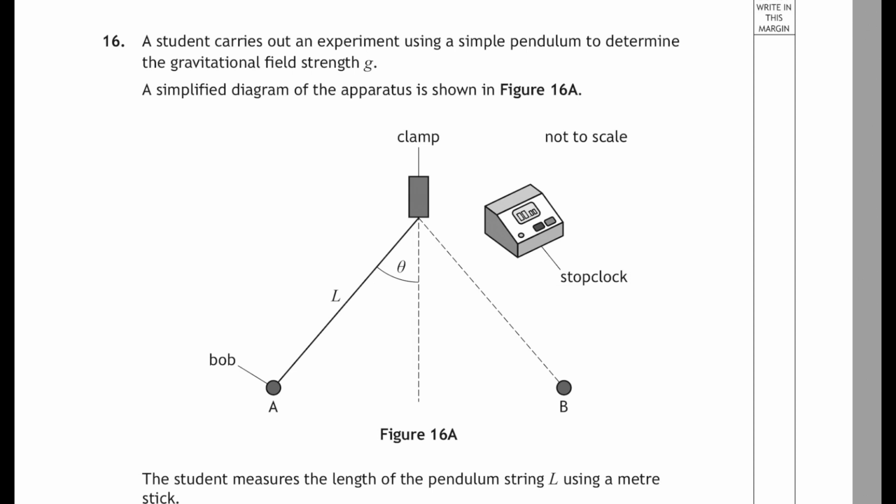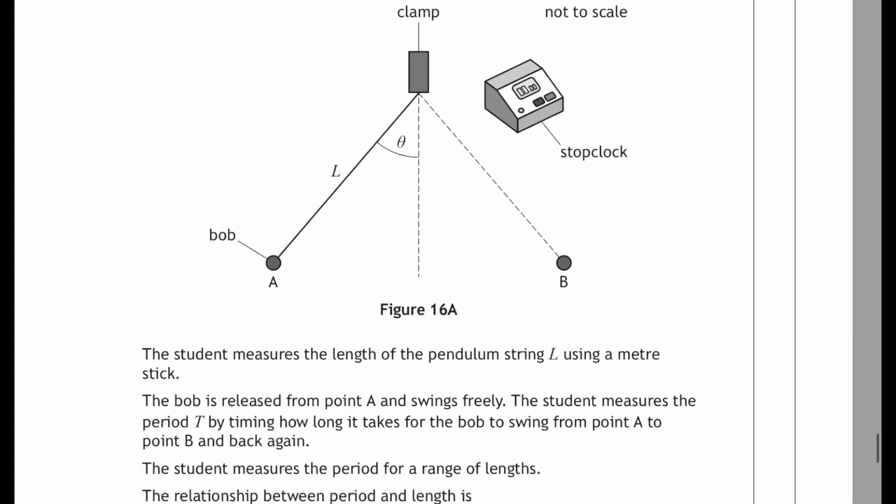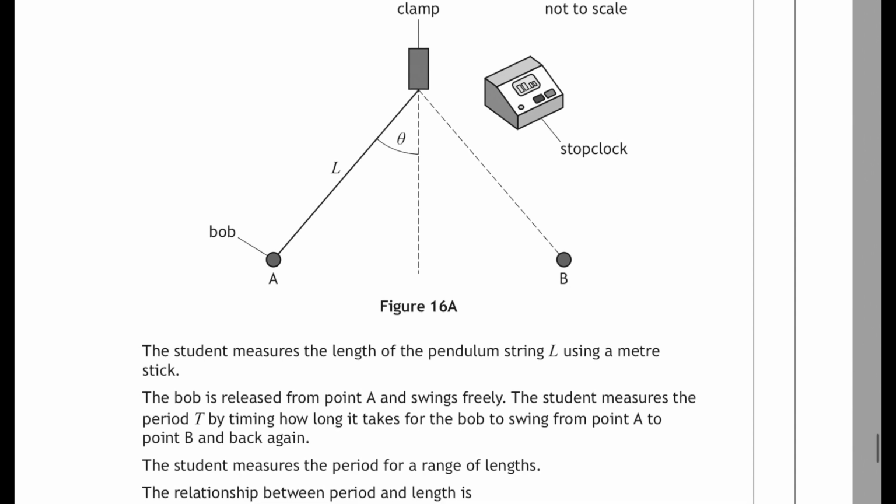So a student carries out an experiment using a simple pendulum to determine the gravitational field strength G, and a simplified diagram of the apparatus is shown in figure 16a. The student measures the length of the pendulum string L using a meter stick. The bob is released from point A and swings freely.